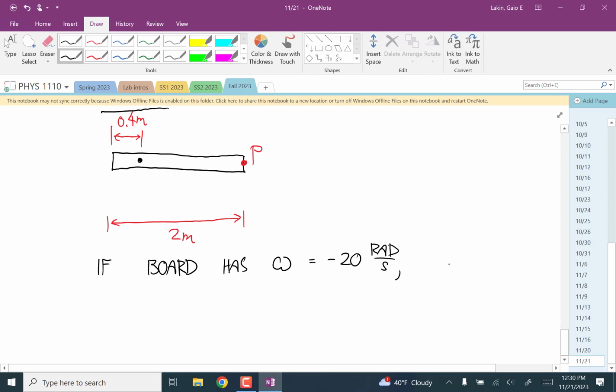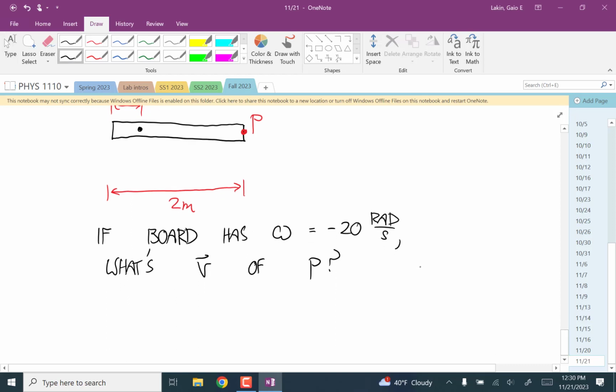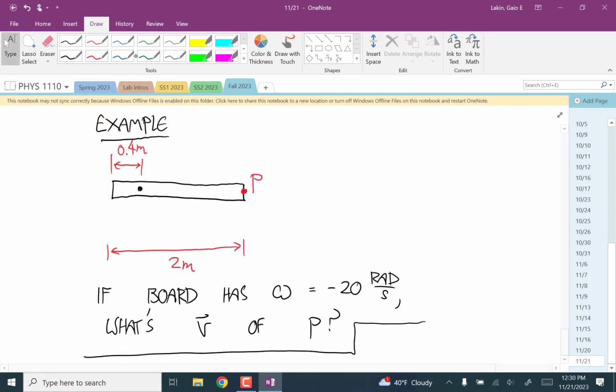But we want to calculate, what's the velocity vector of that point P. Well, remember that point P is in circular motion around the about point. That's just how it always works. So it's following a circular path like that.